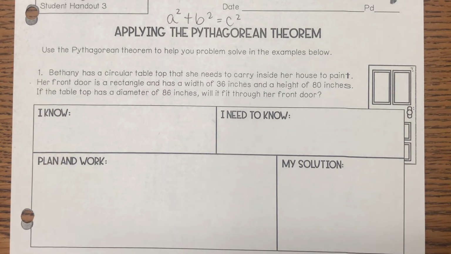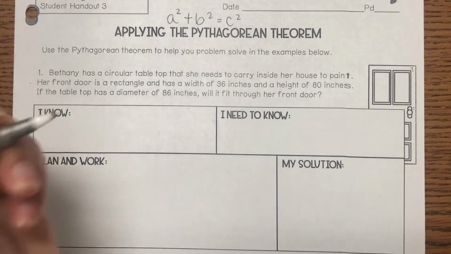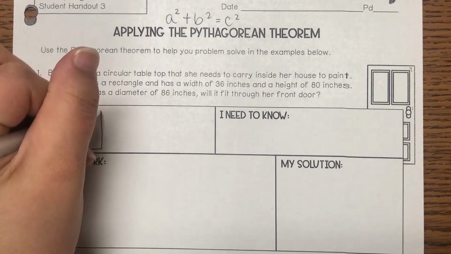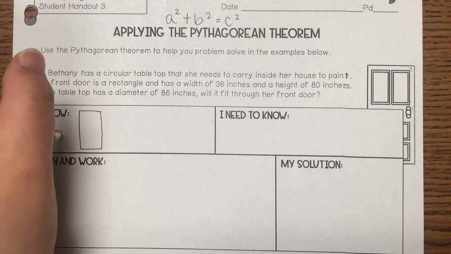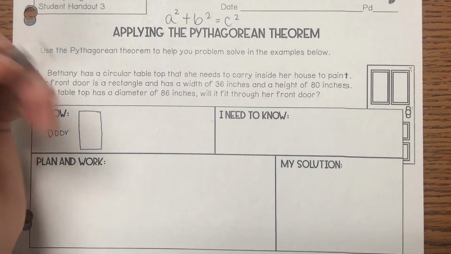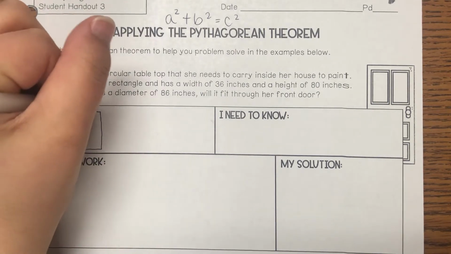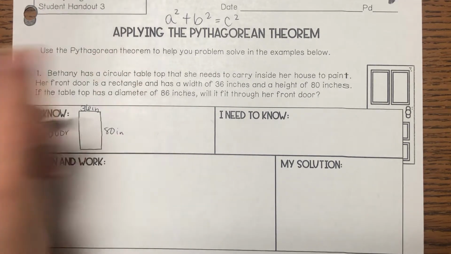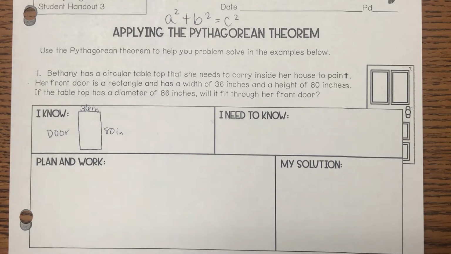Okay, so what I know is that I have a rectangular door, and I know the dimensions of my door are 36 inches in width and 80 inches in height.